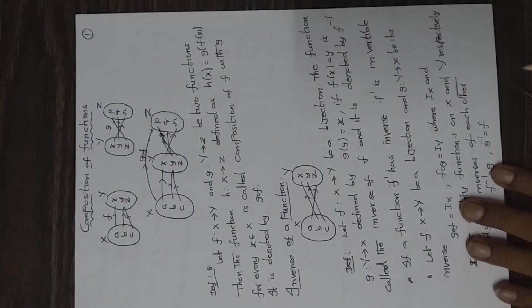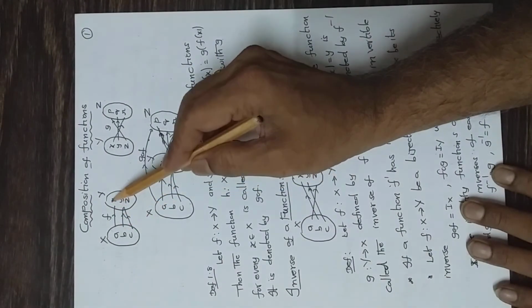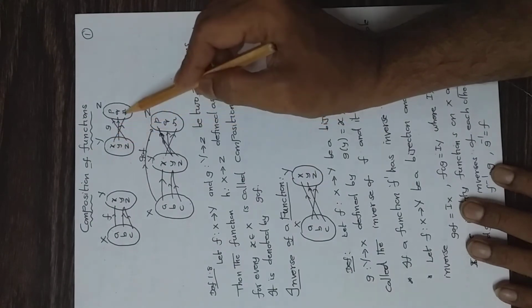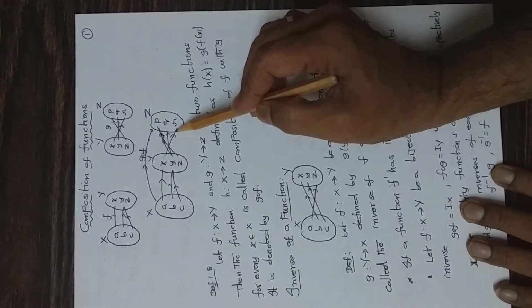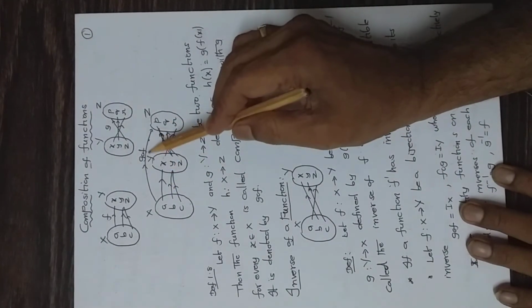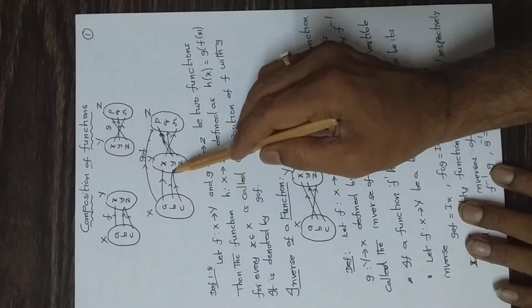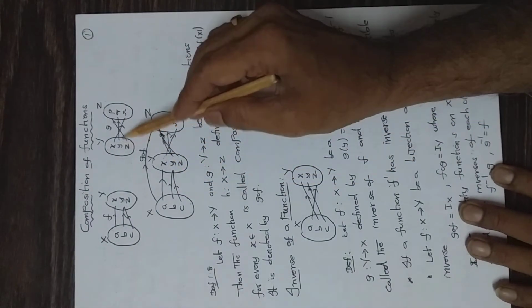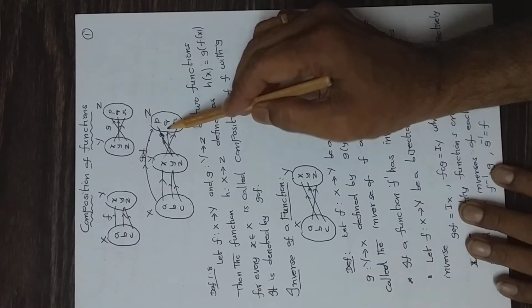Okay. So for example, this is a, b, c. Now you see here a is related to x, and from x it is related to r. So a to x, x to r, so the final image is a to r only. You have to write that for g circle f of x. Similarly, b is related to y, then y is related to q. So from b to y to q.